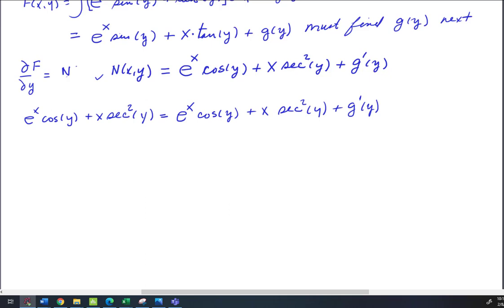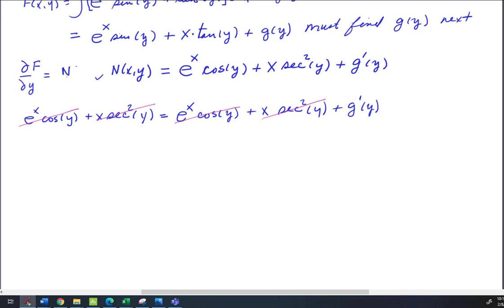Now we're going to simplify that, and this one simplifies mightily. Here I've got an e to the x cosine y on the left and an e to the x cosine y on the right, and so those two are going to cancel out. And I've got an x secant squared y on the left and an x secant squared y on the right, and so those two are going to cancel out.